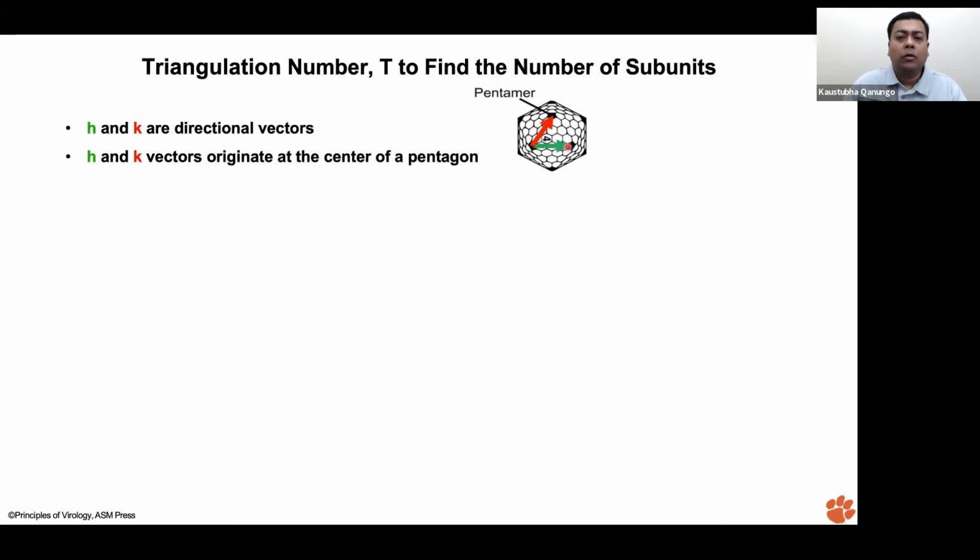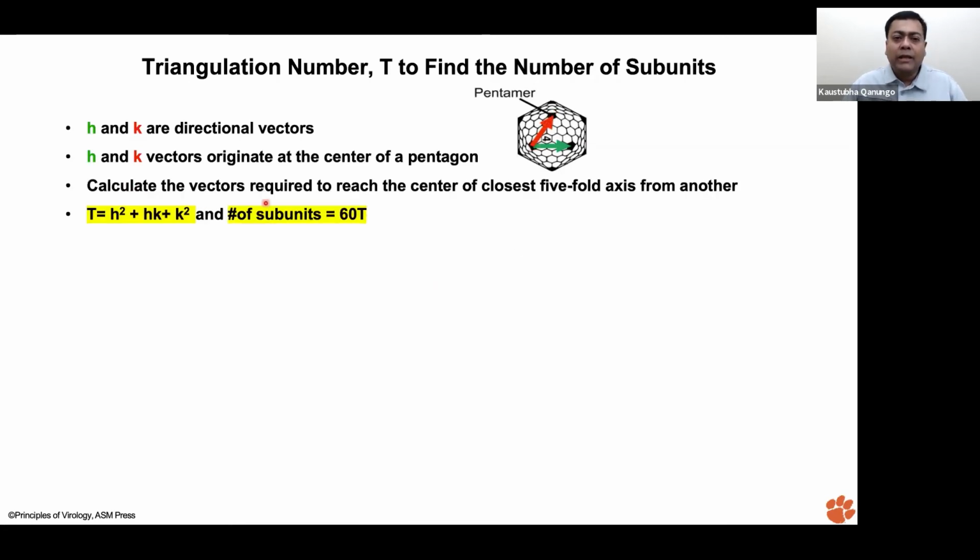center of a pentagon. So how is your T number actually calculated after that? What will be the smallest number of steps that you have to cover to go from this pentagon to the next one, the smallest distance?